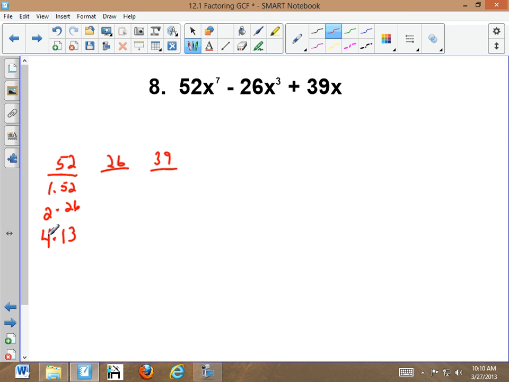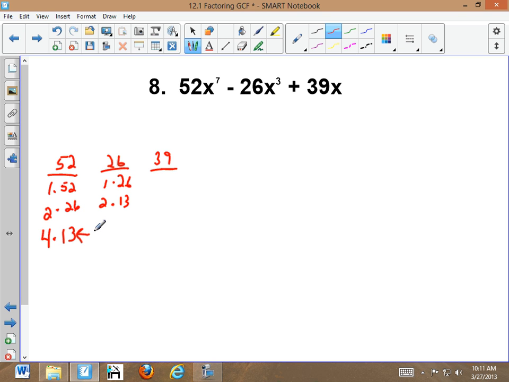My next number is 13, but guess what? I already have 13. When you get back to a number that you already have listed, you can stop. Okay? So now I go to 26. Start with 1. Go to 2. Uh-oh, there's 13 and 13. But let's still try. 3 cannot go in.